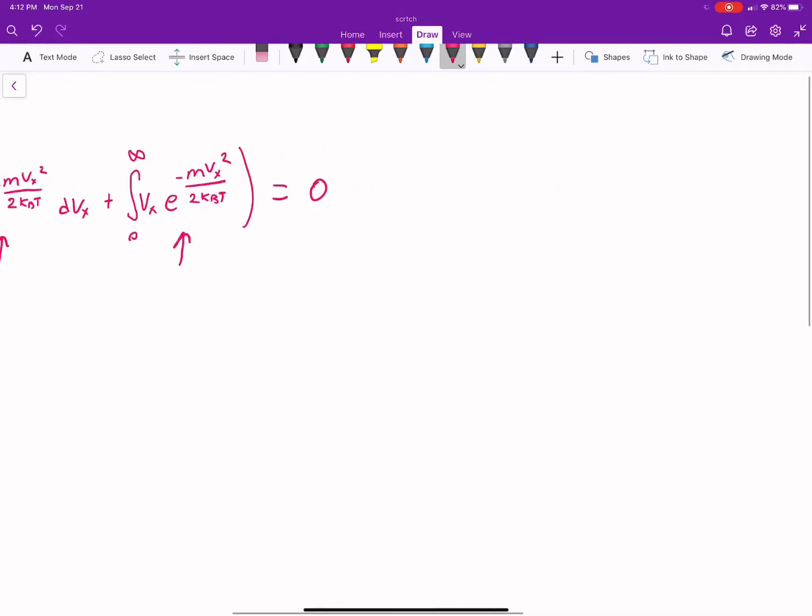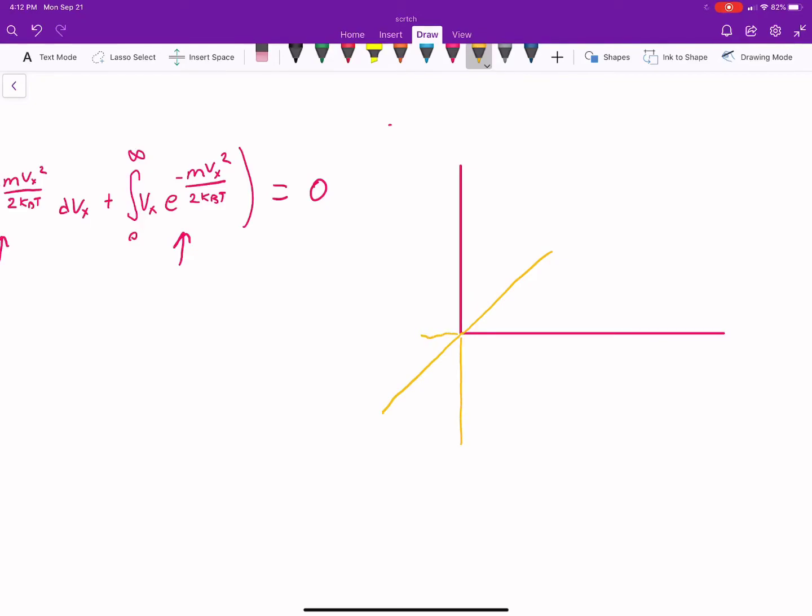You know, let's just use the example of a line. And let's just say it goes from negative 2 to 2. This area is going to be equal and opposite that area.